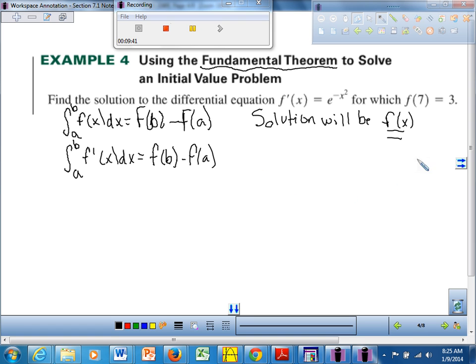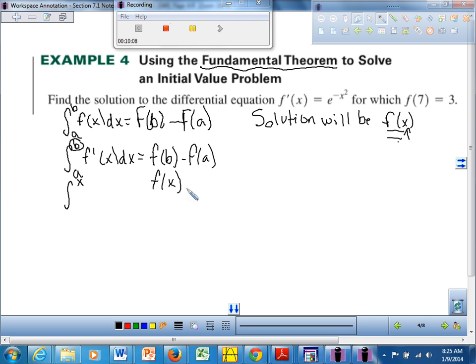All right, we're trying to find lowercase f of x. So I'm going to use this, and I'm going to make one of my limits not a constant, but x. That way I would get an f of x here, so I can solve for that. So that means my upper limit is going to be x. What do you think I will use for my lower limit, given this problem, for which f of 7 equals 3?